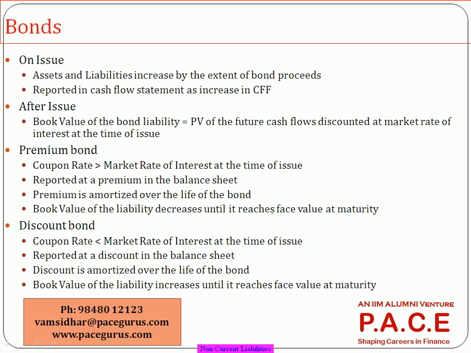So as a characteristic of the bond, what we see is for every bond there is something called coupon, and there is something called maturity value, or even the face value. So coupon is something which the company pays every year.